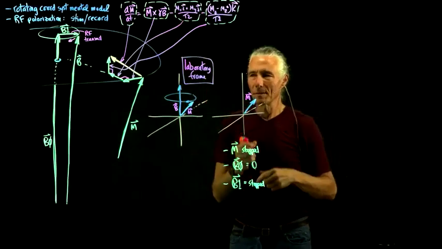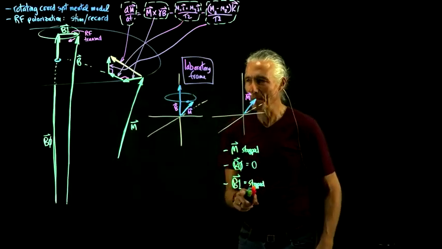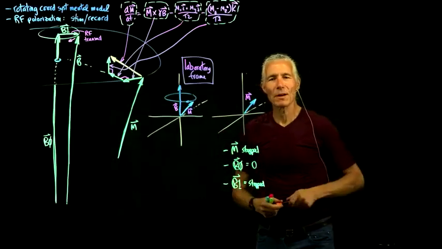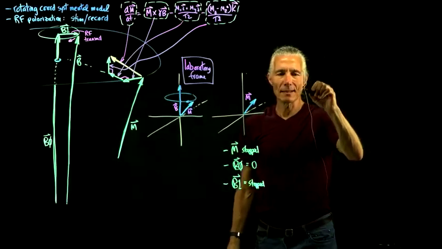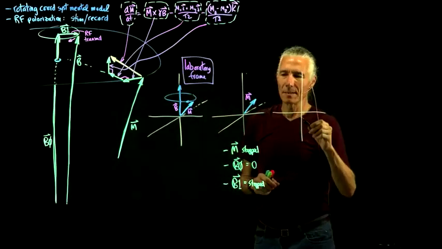All those were in there. So we haven't gotten rid of the B1 field, but now we can think of how it's affecting things using that same M cross B equation.